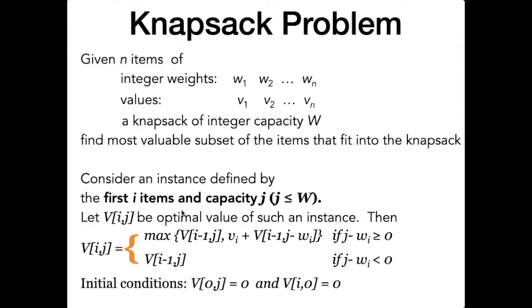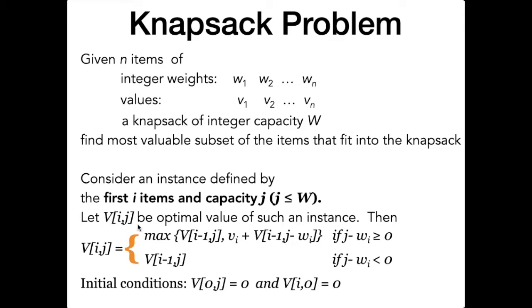Yung definition of the smaller instance is a subset of the items lang, which is the first i items, and we have capacity j, less than or equal to W. Okay, so to denote the optimal solution for the subset of the instances with the first i items lang and with a limited capacity j, we use the notation V of i,j.